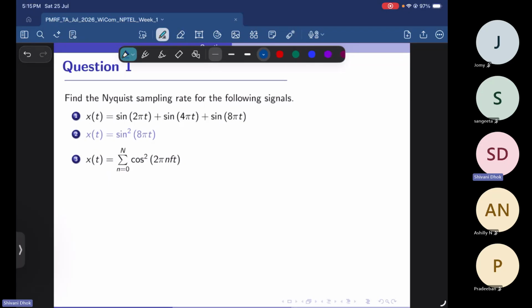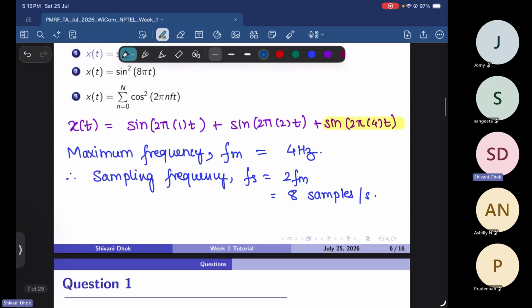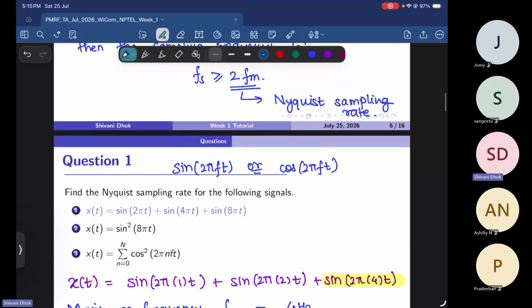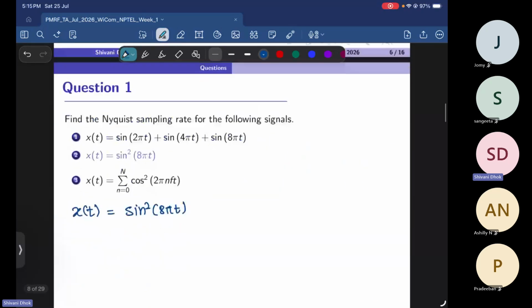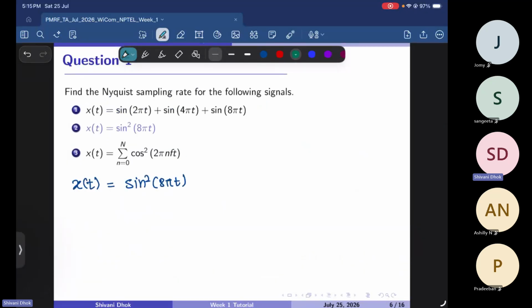The second part of this question is x of t equal to sine square 8 pi t. So this is the square of a sinusoid, and we are used to things like sine 2 pi ft, cos 2 pi ft. So let us first use this identity, sine square theta equals 1 minus cos 2 theta by 2.